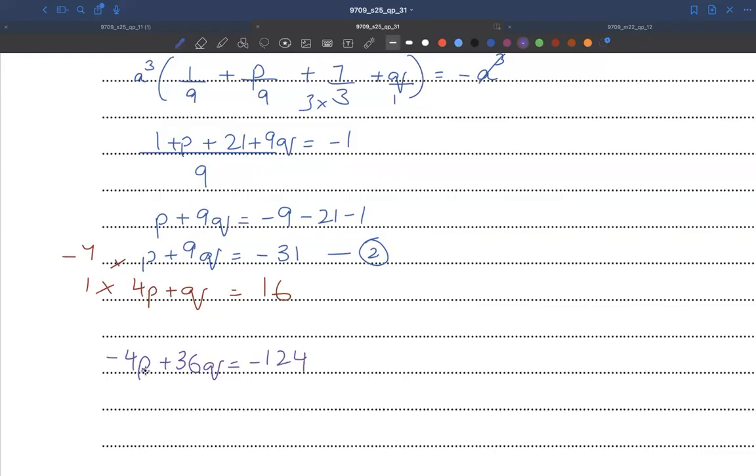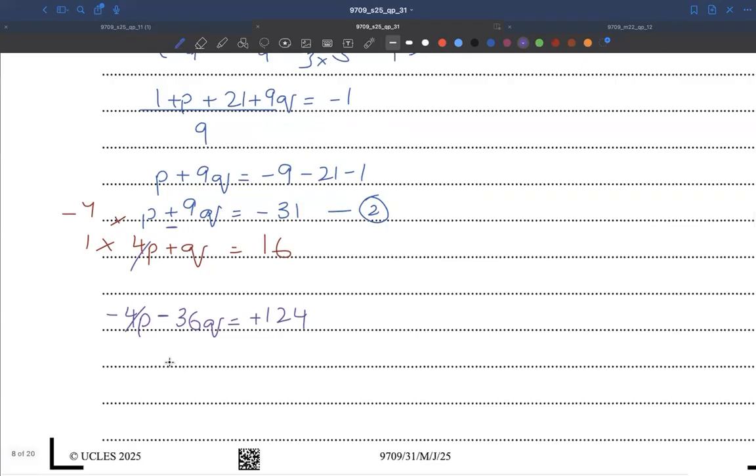So 4p and minus 4p will cancel out. We'll get q minus 36q, which is minus 35q, equals 140. So 140 divided by minus 35 would equal minus 4.